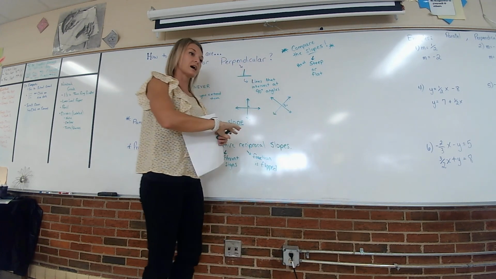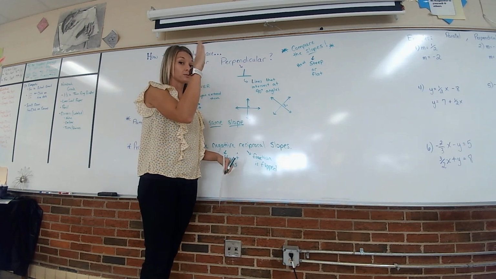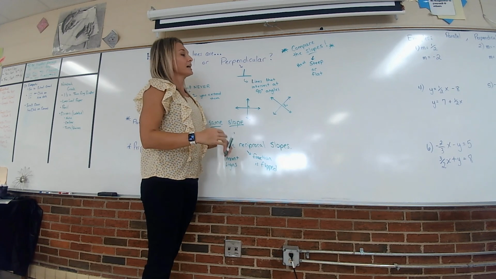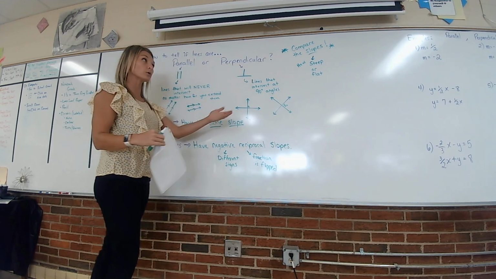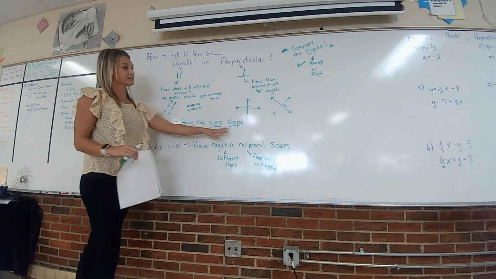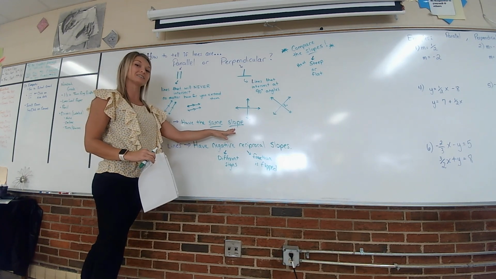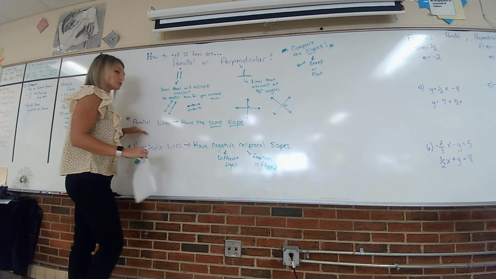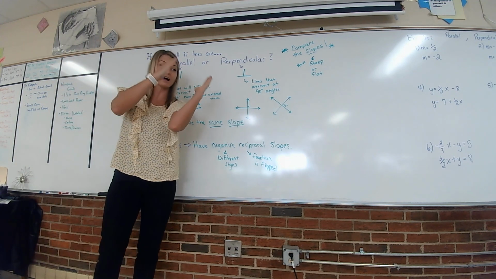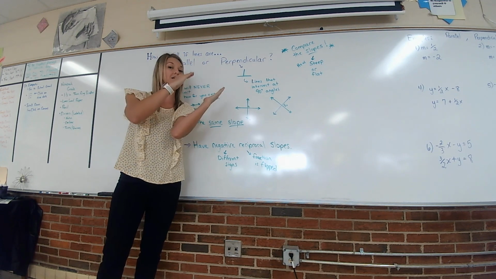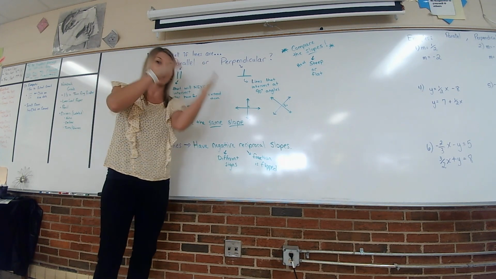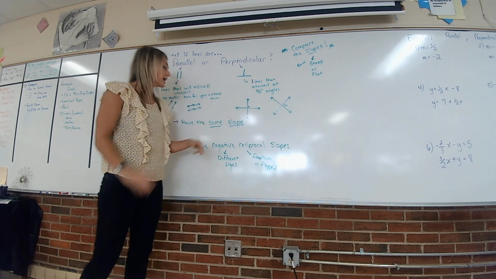And so the lines that you're looking at are going to either be really, really steep or they're going to be closer to flat. And so if you're comparing the slopes, if you're comparing the steepness of your lines, and the steepness is exactly the same, then those two lines, if they have the same steepness, will never cross, just for the simple fact that they have the same steepness, okay?